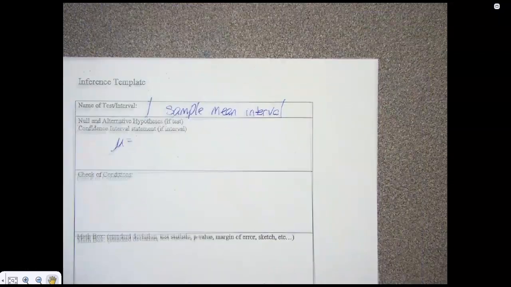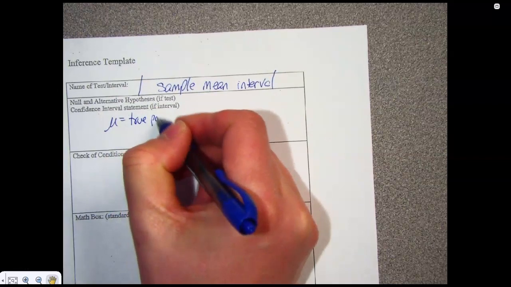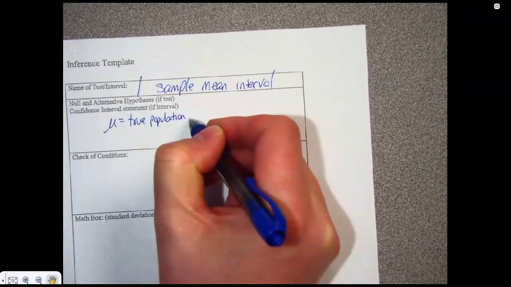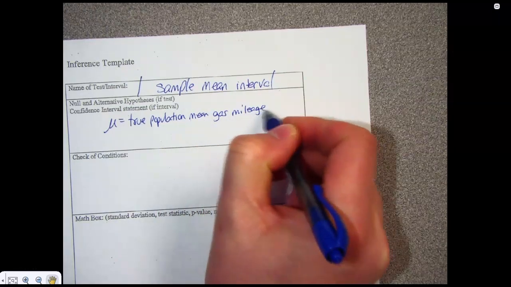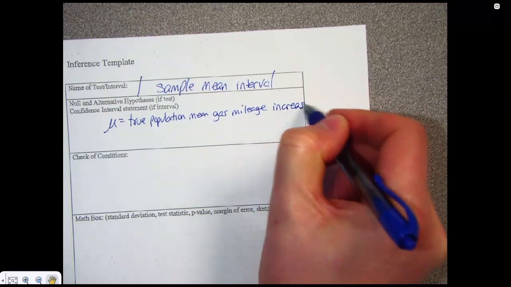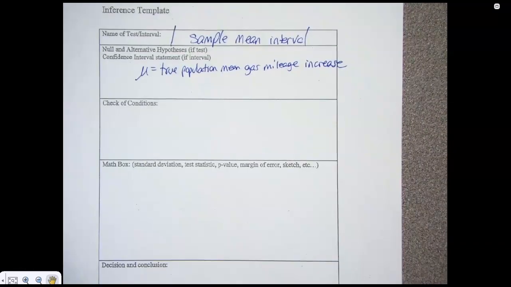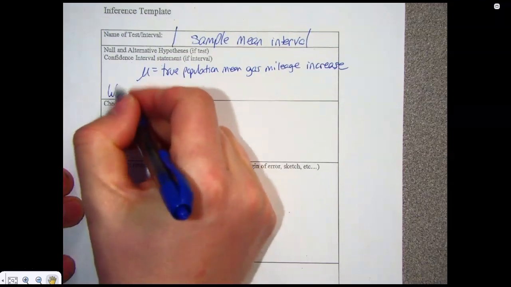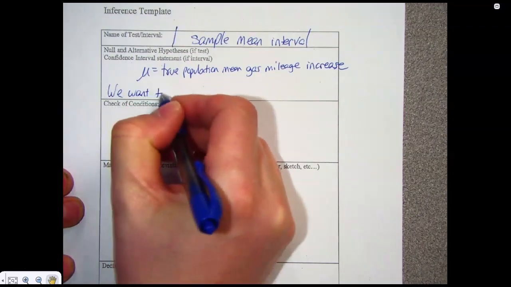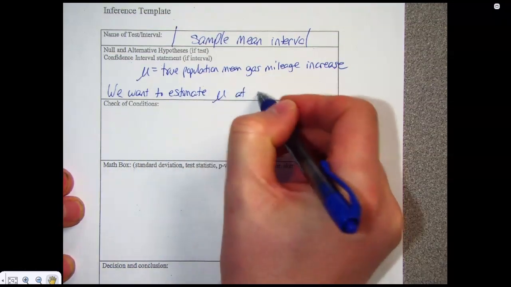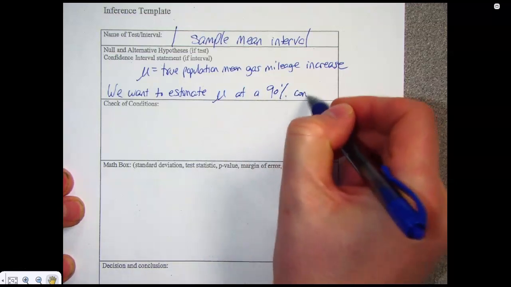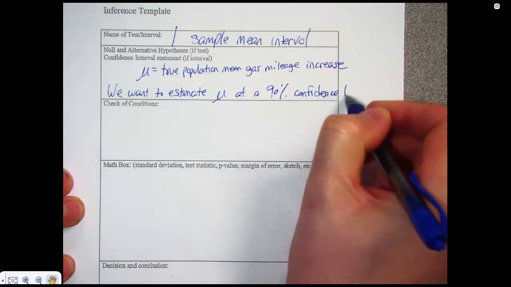So mu is going to be the true population mean gas mileage increase. And then we want to estimate mu at a 90% confidence level.